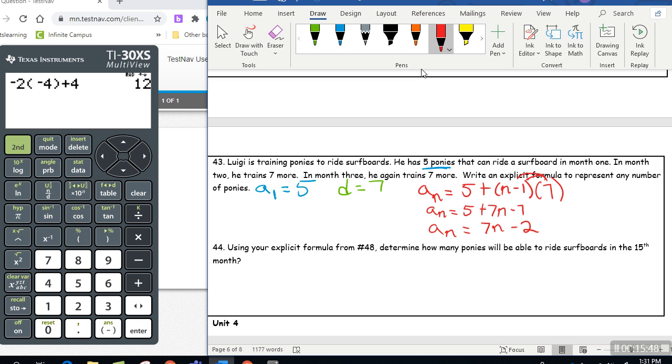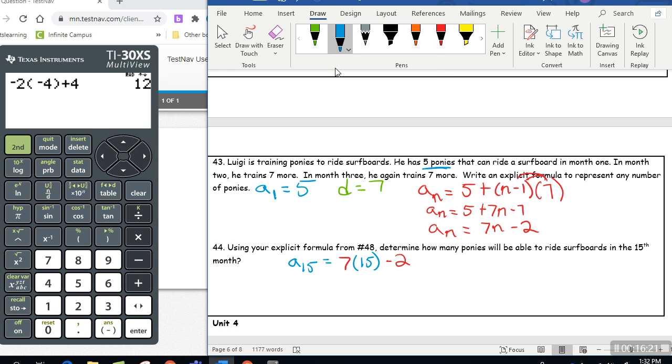Now we're going to use that explicit formula from, that should say from 43, the previous problem, sorry about that, to determine how many ponies were able to ride surfboards in the 15th month. So instead of a sub n, now we've got a sub 15. Okay, 15 is our input. So we've got 7 times 15 minus 2.